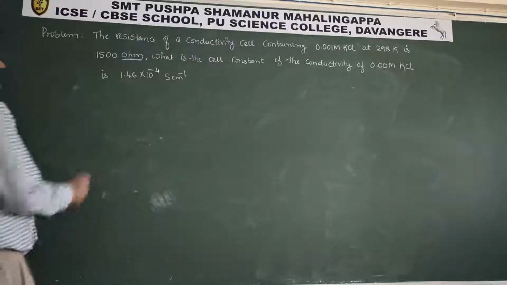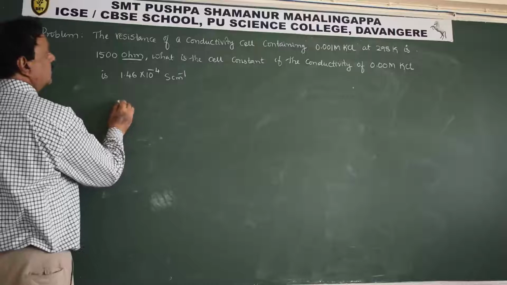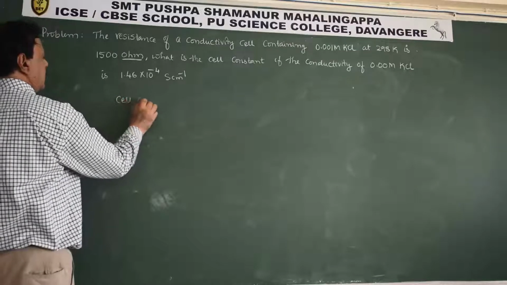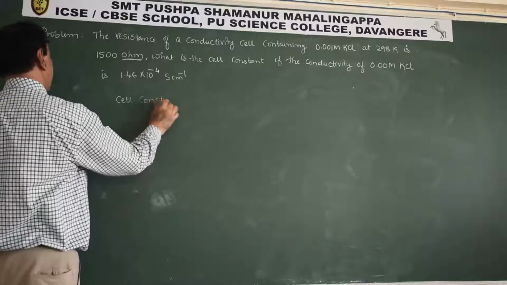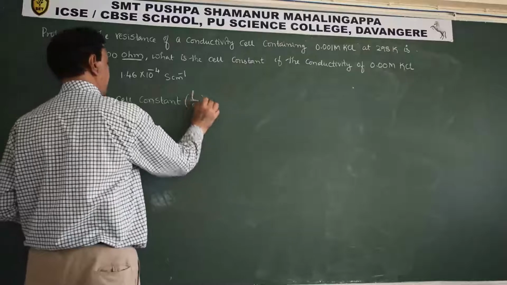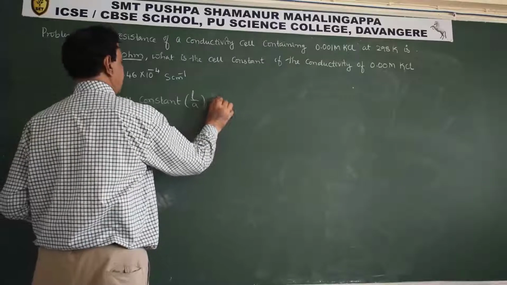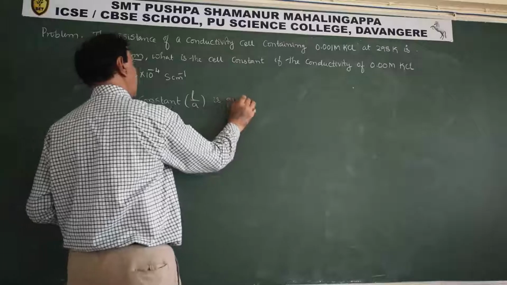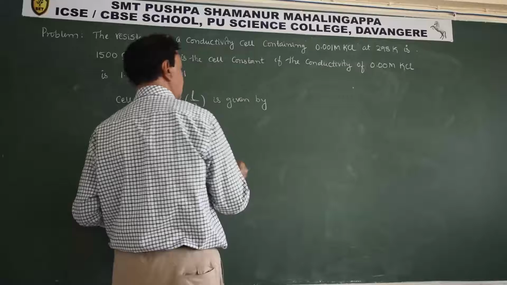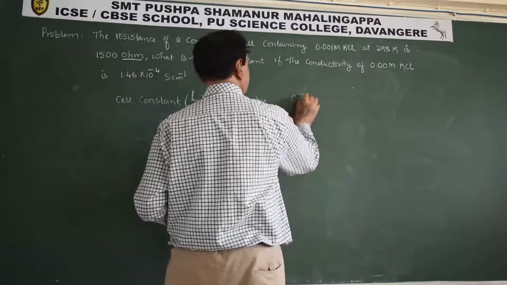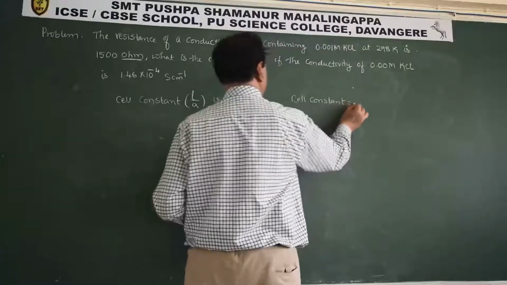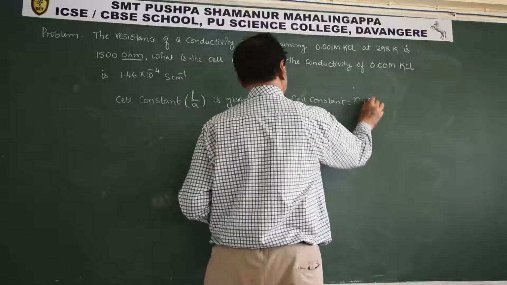You know that cell constant, L divided by A, is equal to kappa into resistance.